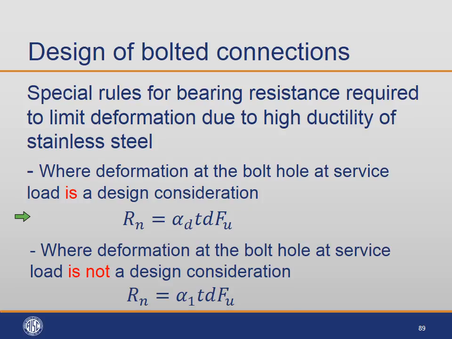And there's an additional expression where deformation at service load is not a design consideration. These differences are simply because of this rather high ratio of Fu over Fy for stainless steel. For austenitic stainless steel, I should say. For duplexes, there's really not much difference.